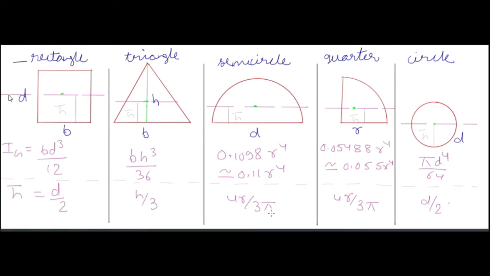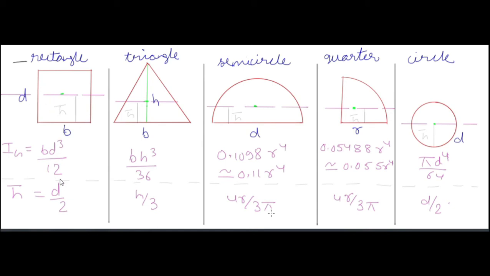You have to check the axis also. We are taking this axis parallel to b, so it's b d cube by 12. If we had been taking it parallel to d, then it would have been d b cube by 12.